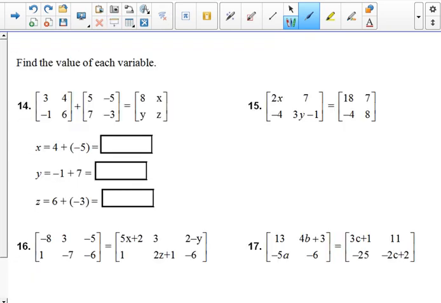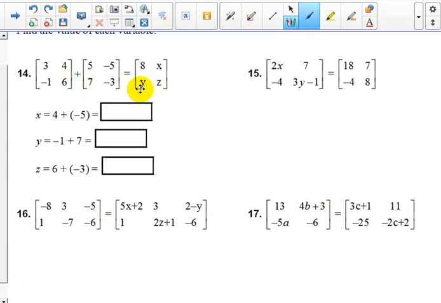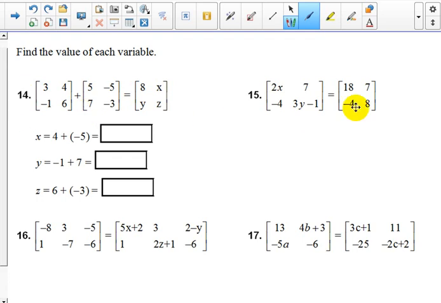Flip it over to the back page and spend the rest of the hour doing it. We'll do 14 together, but you'll do 15, 16, 17. It says find the value of each variable. So for 14, we're looking for x, y, and z. To find x, it's going to be 4 plus negative 5, which is negative 1.